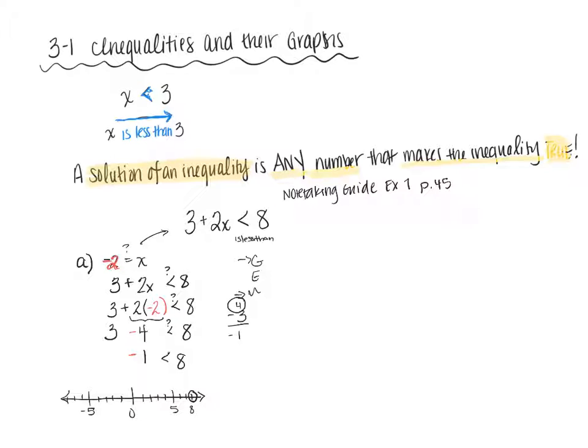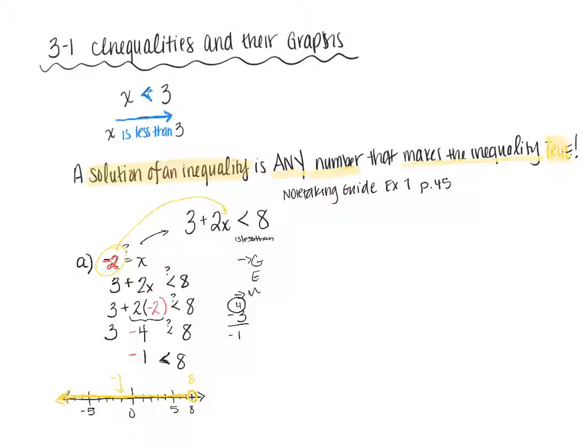Oh, 8's up here. Notice that it's less than. It's not equal to. So because it's only less than, I'm not going to fill in this circle. I'm going to leave it open because it's everything right up to 8, but it does not include 8. 8 is not less than 8. But -1 is. Notice -1 falls in the middle of my yellow area. So this is perfectly well done. Good job.